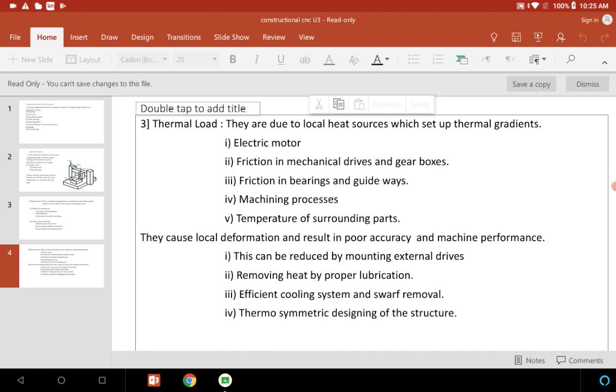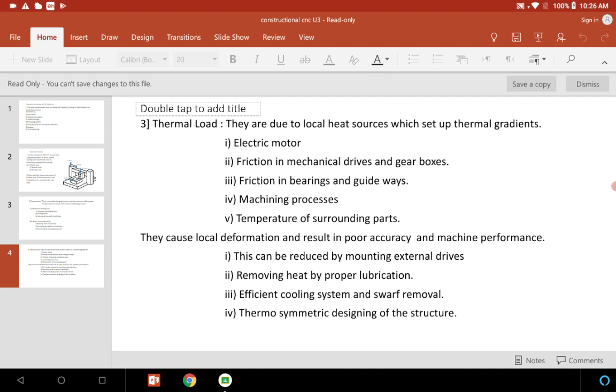These can also be avoided or reduced by maintaining proper drives, as far as possible using proper lubrication to dissipate the heat, and proper chip clearance when the process is going on. Swarf, in the sense of chips, is the material removed from the process.